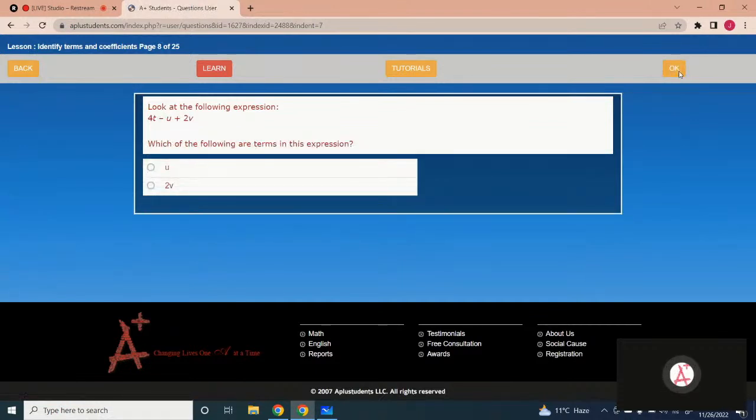Okay, look at the following expression: 4t minus u plus 2v. So how many terms do you have? Which of the following are terms in this expression? 2v, because u has a negative sign, so it would be 2v.